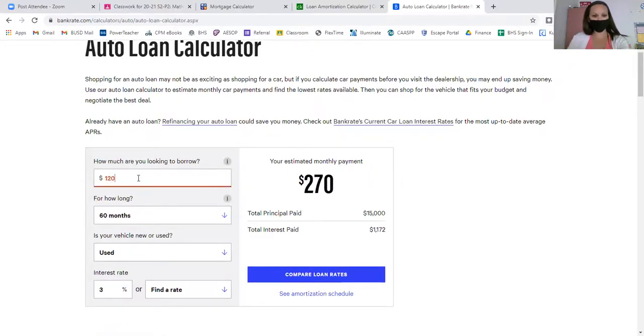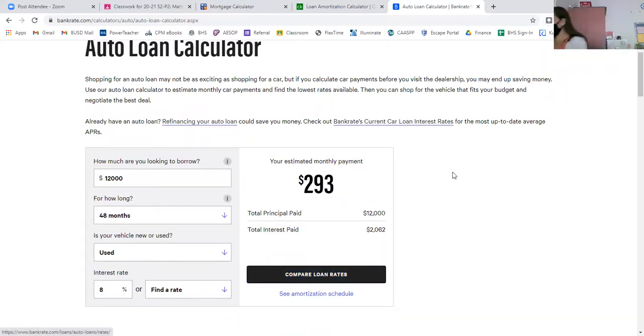So here we just have to do our math ahead of time for the down payment. So this one tells us that our monthly payment is $293 and our interest is $2,062.